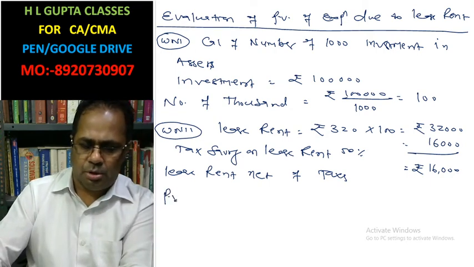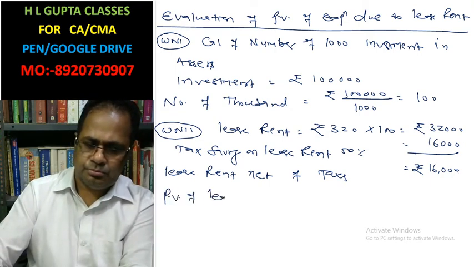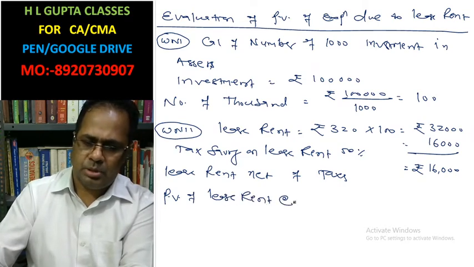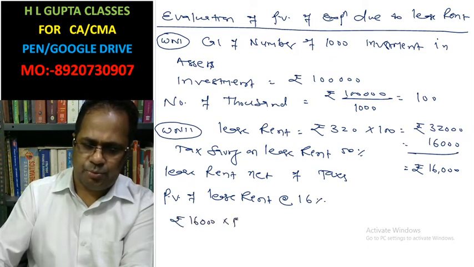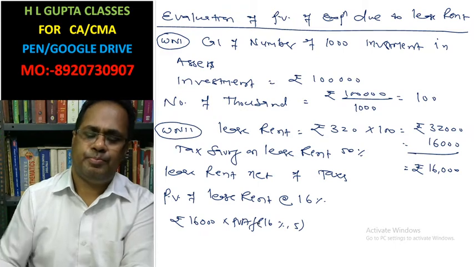Present value of lease rent at the rate of 16%: rupees 16,000 into the present value annuity factor at 16%, lease rent is for 5 years.